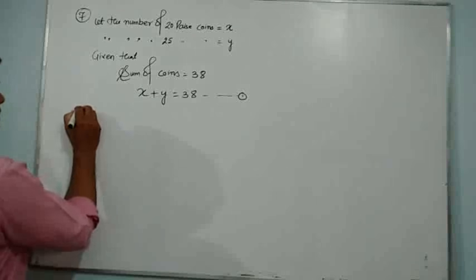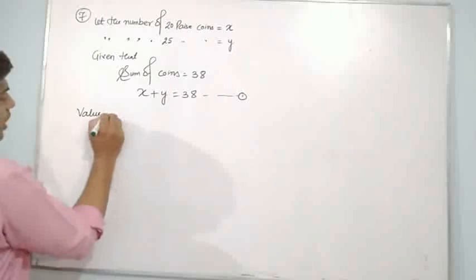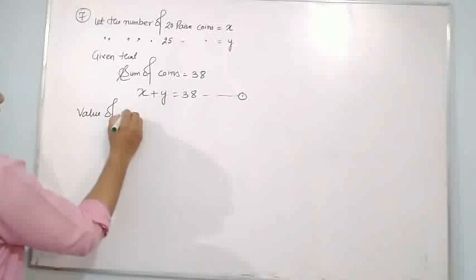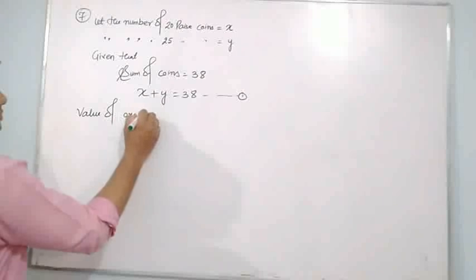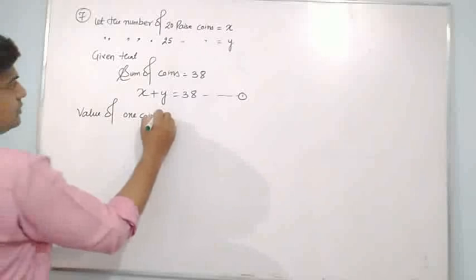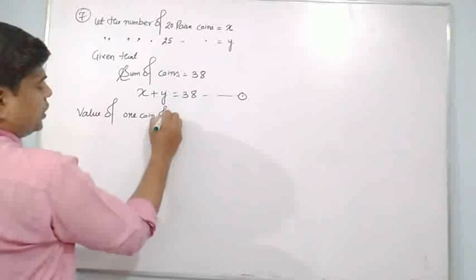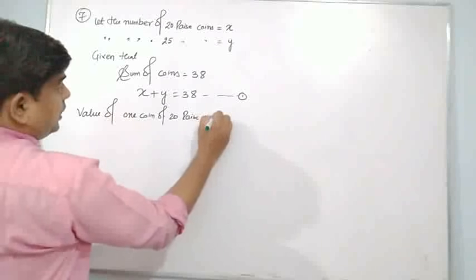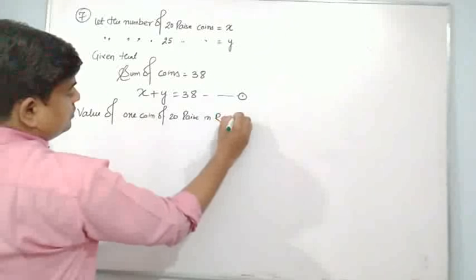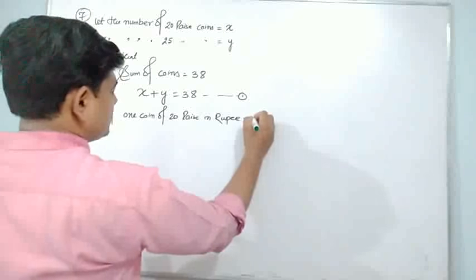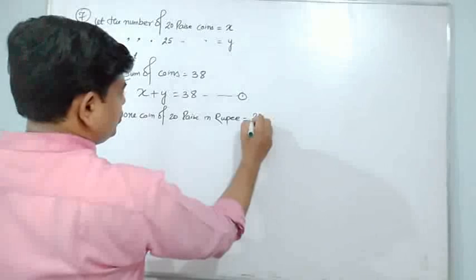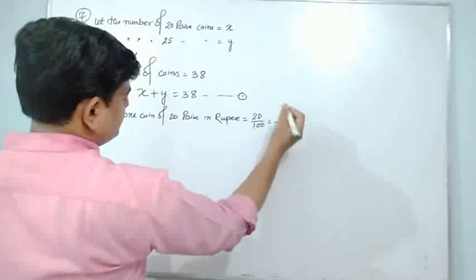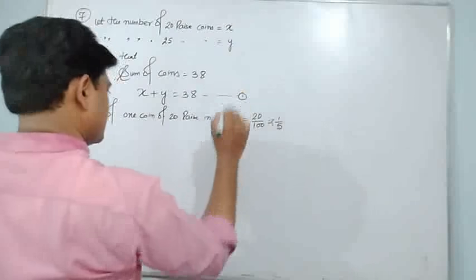So, value of one coin of 20 paise in rupees is equal to what? 20 upon 100 is equal to 1 upon 5 rupees.